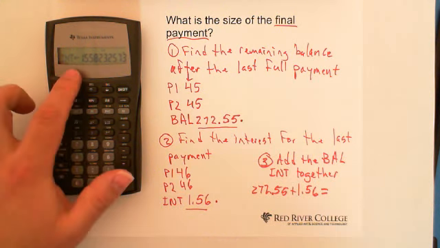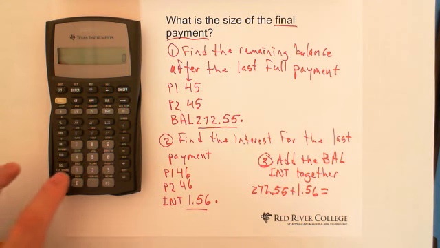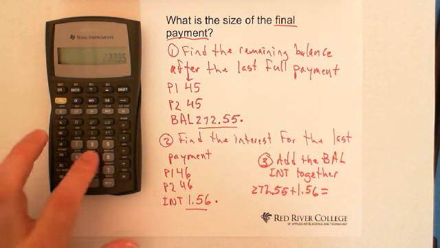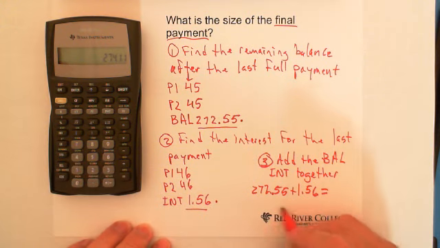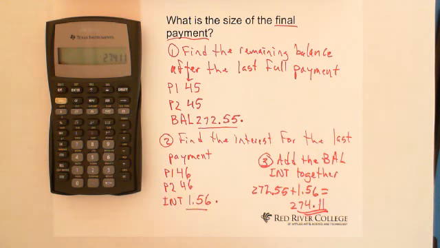Now be careful, we can't really do it right on the screen here because it's got a negative sign, so let's clear out of that and start fresh. 272.55 plus $1.56 gives us $274.11, and this is the size of our final payment.